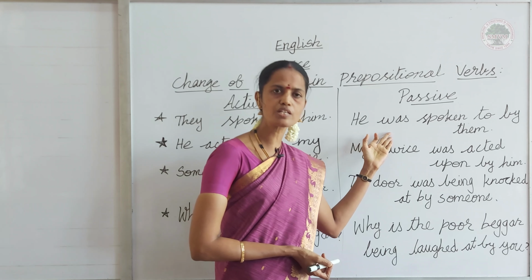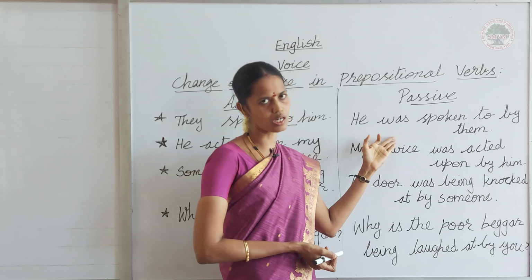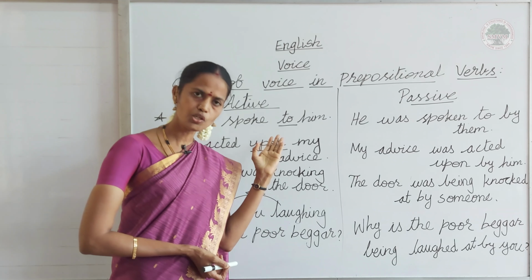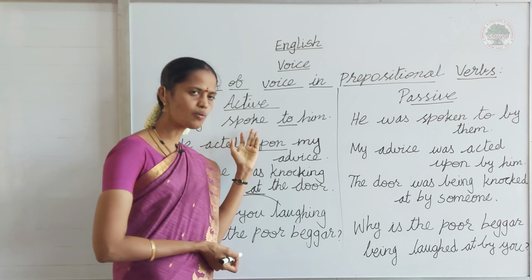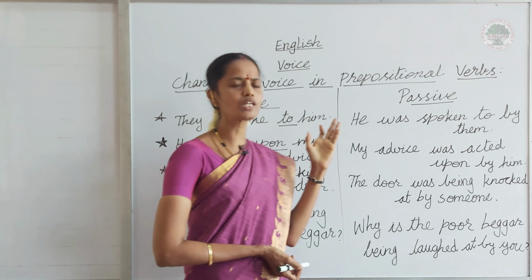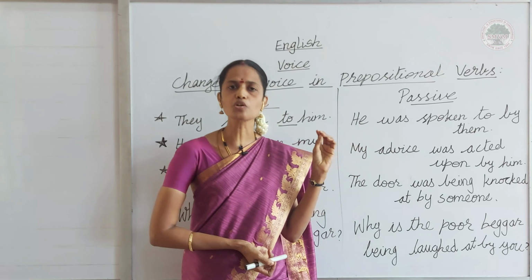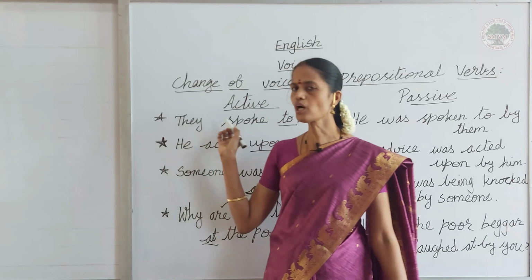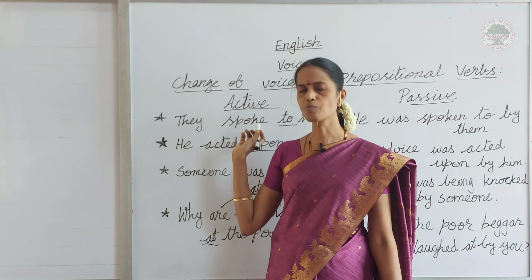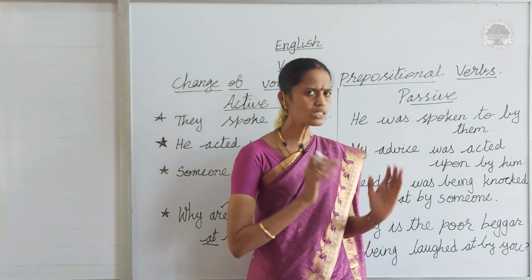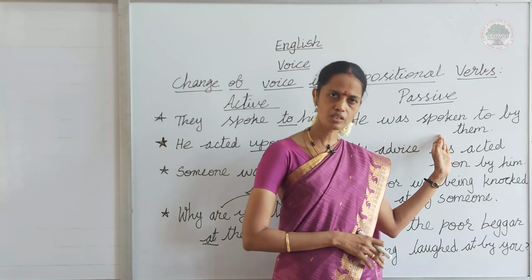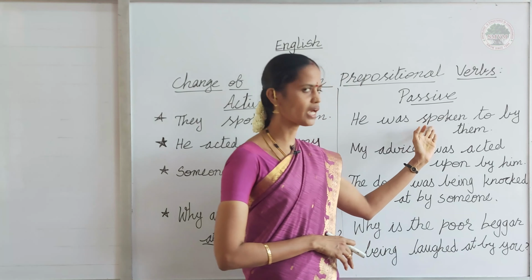That's why we have used this "was". Then what about the third form of speak? We know very well, the first form of "spoke" is "speak", isn't it? So we have to find out the third form of the root verb. So the root form of this "spoke" is "speak". So what is the third form of this "speak"? Spoken. Okay, so "was spoken".